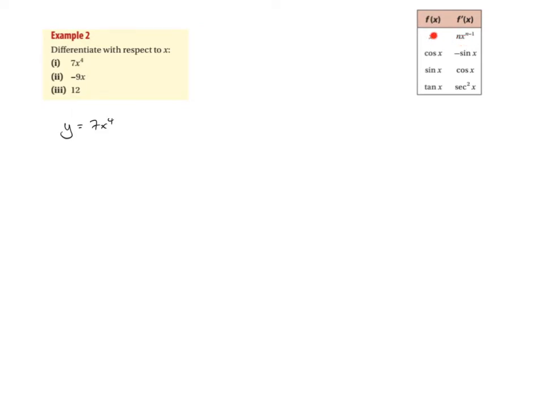We have x to the power of something, so we're going to use the same rule we used on the previous slides. The 7 just remains there, so dy/dx in this case is equal to, leave the 7, bring down the 4, so 7 multiplied by 4, rewrite the x and take 1 off the power, 4 take away 1 is 3, and then tidy it up afterwards. 7 times 4 is 28x cubed.